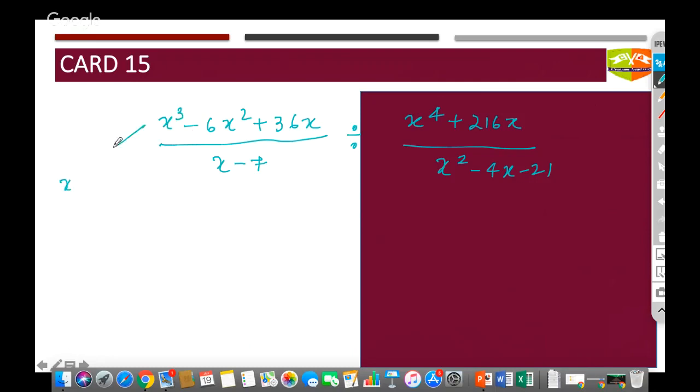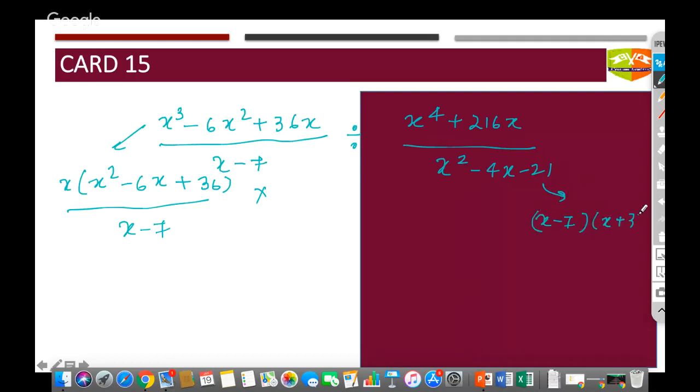So here in the numerator x can be taken outside, and this is x square minus 6x plus 36, and I can write the denominator like x minus 7, and I can multiply it, and I can write this x square minus 4x minus 21 is x minus 7 x plus 3. And this is nothing but, if you take x common, x cube plus 216, and a cube plus b cube can be written as a plus b a square minus ab plus b square.